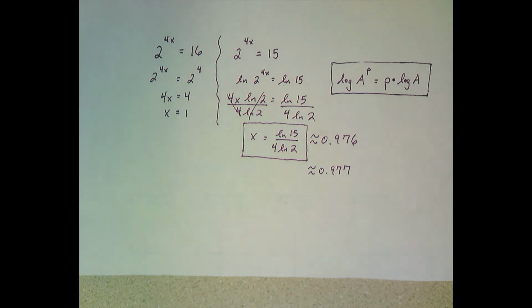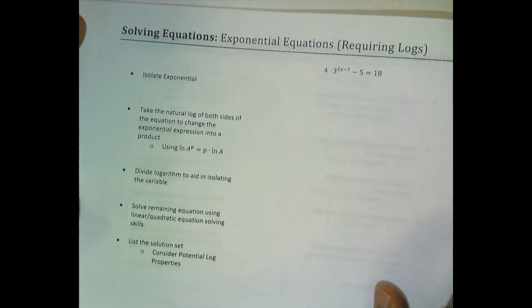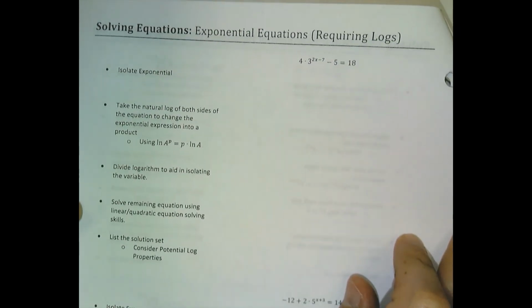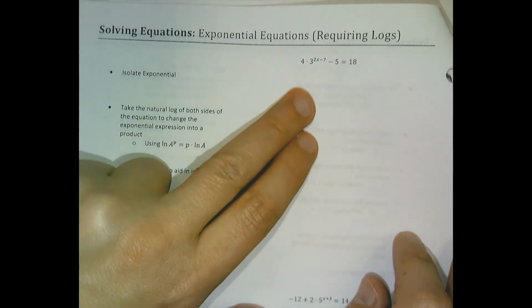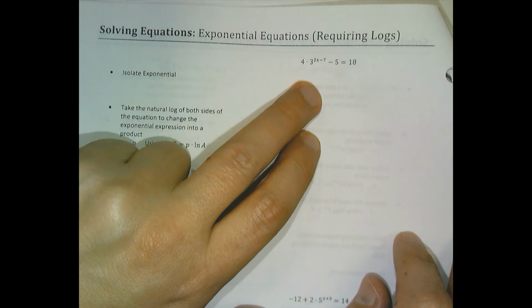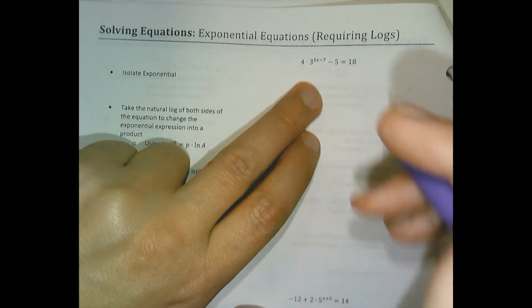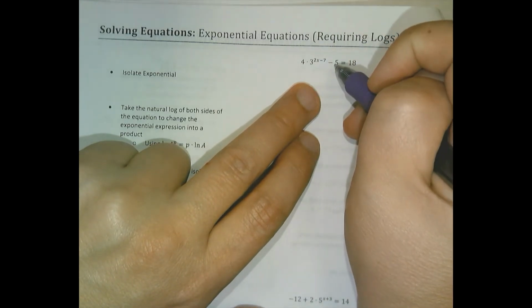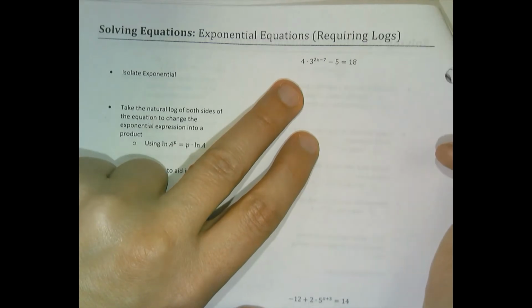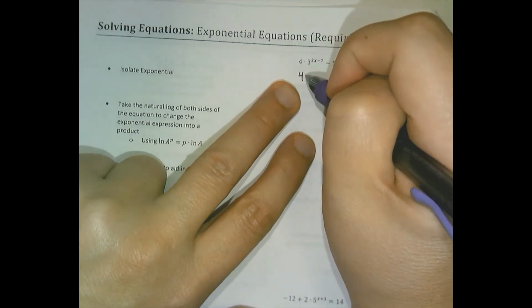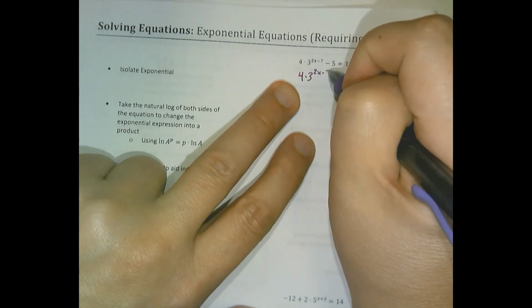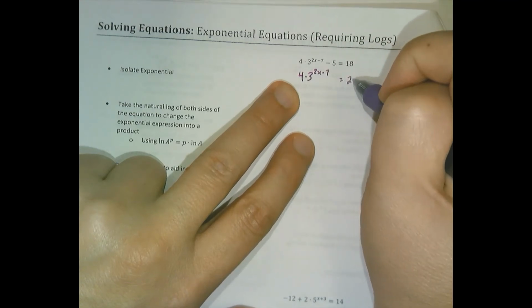Okay, so let's look at that in the parent function toolkit. The problems here look a little more complicated solely because there's an upfront algebra step or two that we need to do to reduce it to a simple exponential expression. In this case, I have the 5 subtracted and I've got the multiplier of the 4. So if I add 5 to both sides, I get 18 plus 5 is 23.